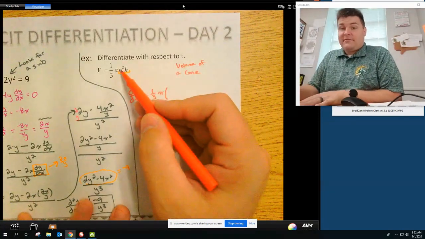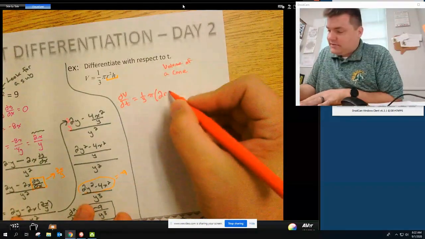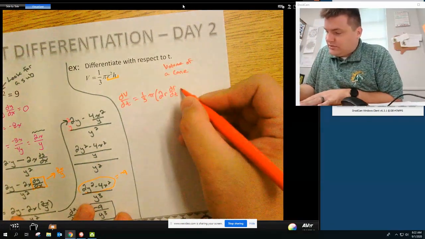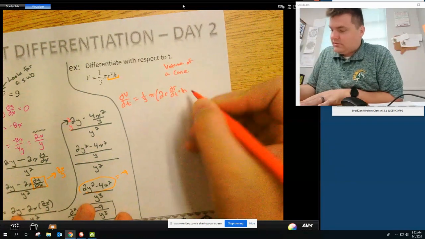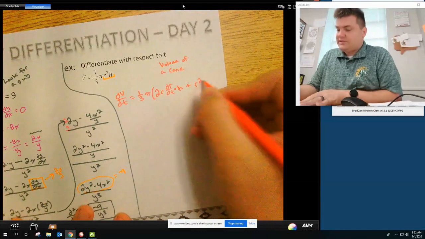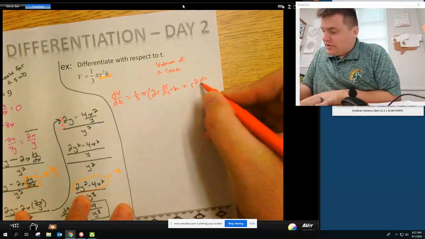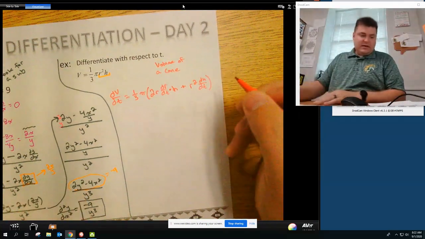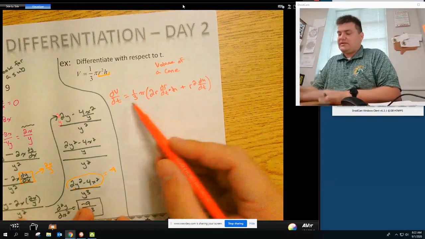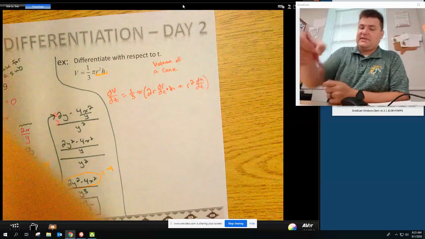The derivative of the first, the derivative of r squared, is 2r, and we need to tag it dr dt, times h, plus keep the first, because this is product rule, times the derivative of the second, which is just going to be dh dt. And that's really all that I can do here with simplifying. Distributing is not going to do much for me, so there's nothing to clean up there. So this is just going to be this answer.